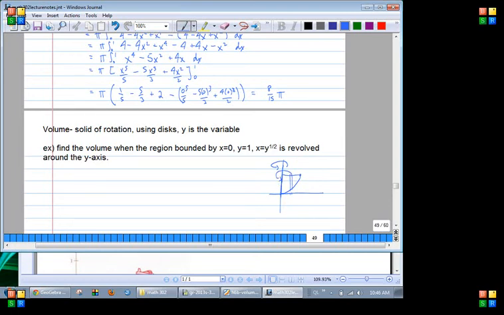Okay. That gives us something else that we're not familiar with. We're going to see it later. We could do it, but it's really hard. Right. But right now, we're going to stick to trying to make discs. So how would you make a slice that gives you a disc? Horizontal. Cut a horizontal slice, exactly. So if you cut a slice like that and then rotate it, you get a disc.